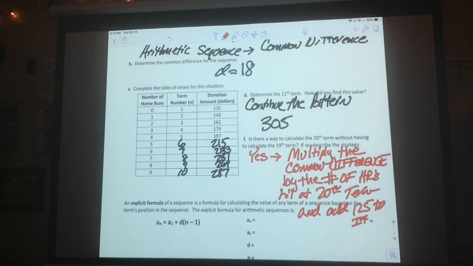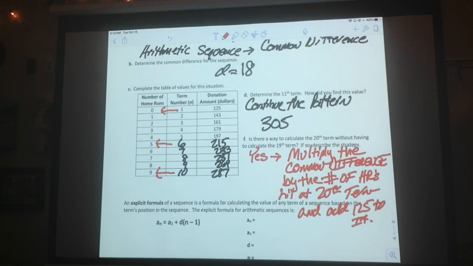So can I do that? Well, sure. At 20th term, how many home runs did I hit? Well, if I look in my table, that should be pretty easy. I notice that my term number is one more than the number of home runs in the table. I have 1 term number for 0 home runs. I have 6 term number for 5 home runs. I'm at 10 for 9. So I know that I can multiply the common difference, which is 18.